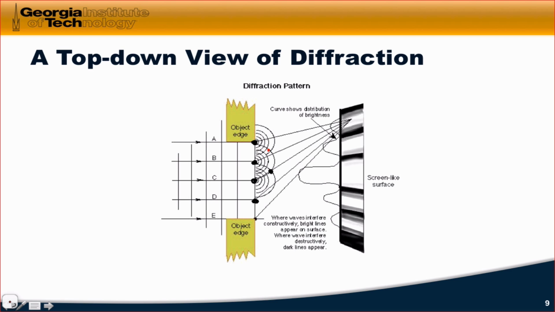Where the waves overlap constructively, we see bright surfaces like this, and where there's destructive interference, we see shadow, essentially. We see nothing. Now, eventually, this will start to fade out as we move outward because the waves diminish as we move outward from the place where the light comes through.